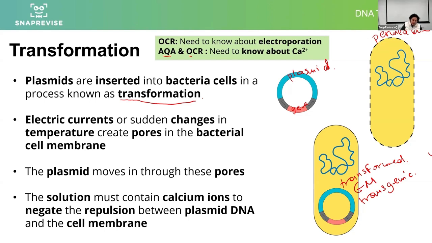Or you can add a solution which contains calcium ions. And calcium ions are also going to permeabilize, create pores in the membrane. And because they're positively charged, there's going to be a little bit of repulsion between the plasmid DNA and the cell membrane.